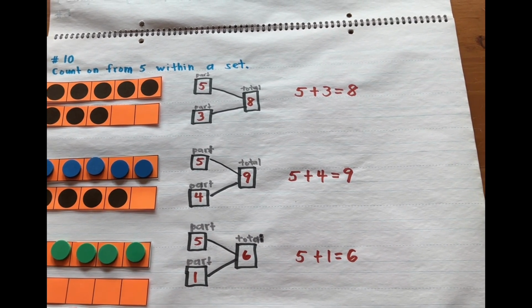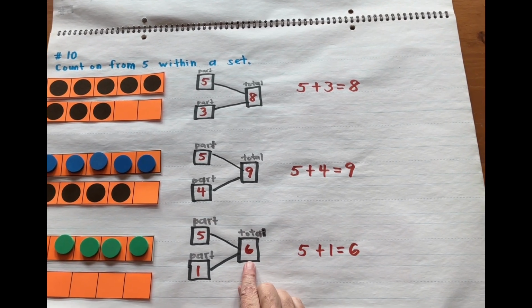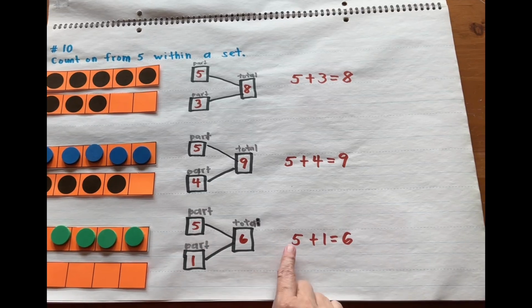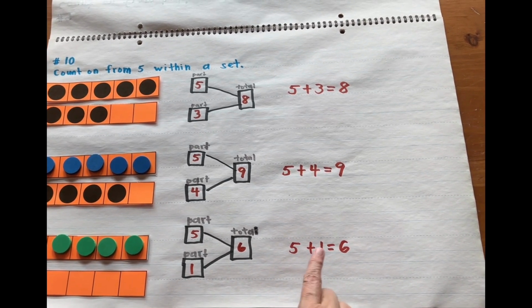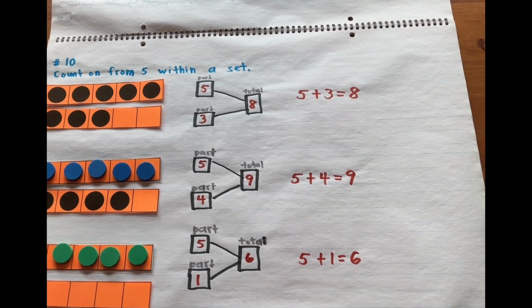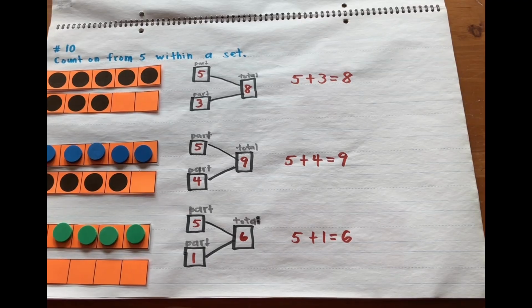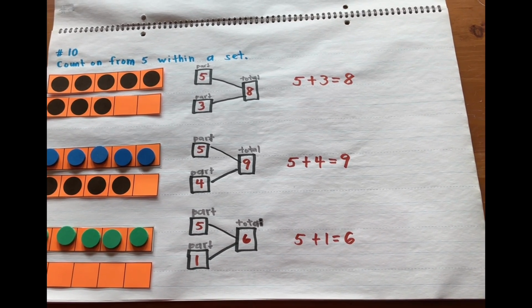Part 1. I know this is 5, 6. Total 6. Part 5 plus part 1 equals total 6. This is how we solve, starting with 5 and counting on.